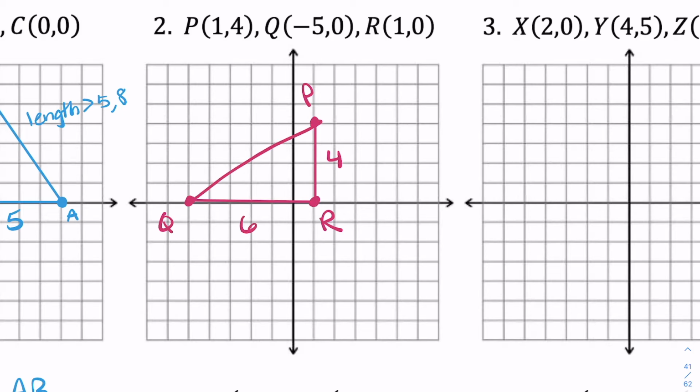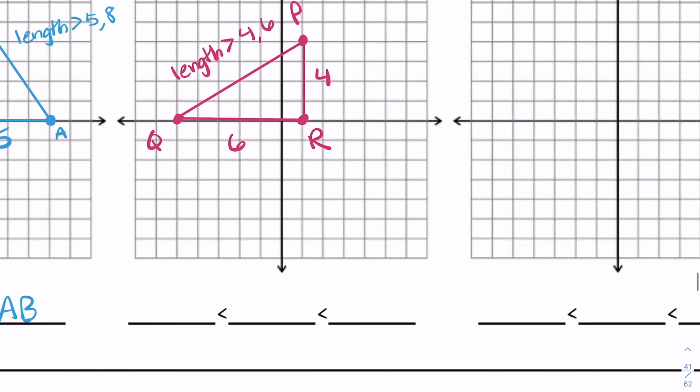And then PQ, I don't know the length because it's diagonal, so I can't just count boxes. But I'm going to say that the length is greater than 4 and 6. So it looks like PR is the shortest side, QR is the middle, and the longest is PQ.